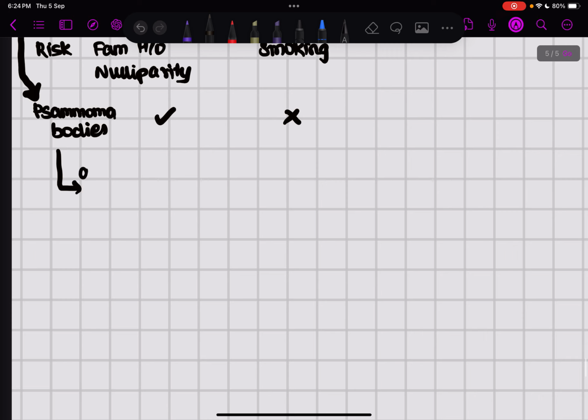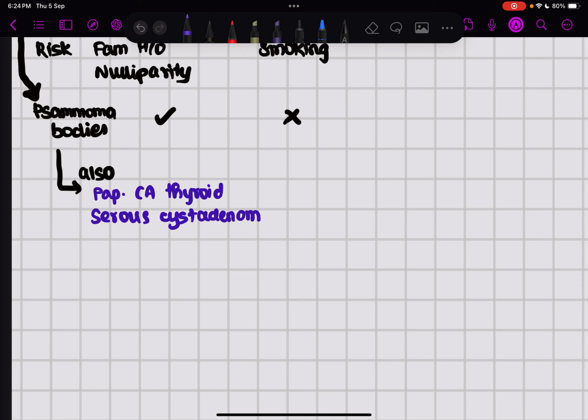Psammoma bodies are also seen in papillary carcinoma of thyroid, serous cystadenoma of ovary, meningioma, and prolactinoma.